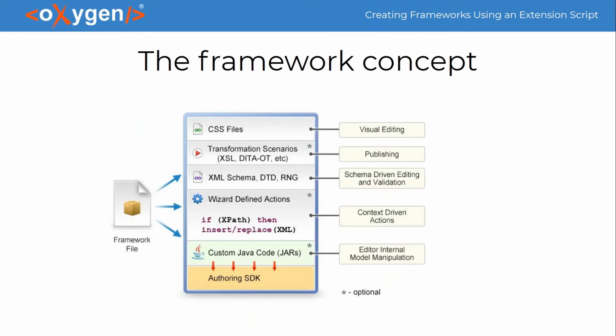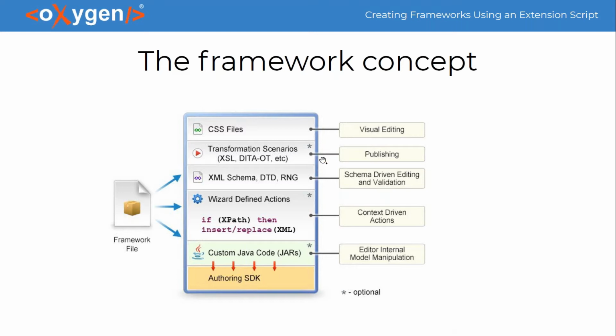So, for those of you that are not yet familiar with the concept, the framework is basically a bundle of resources like CSS files that are used to control the visual editing, the author mode in Oxygen, or maybe the schemas associated with your documents, as well as a configuration.